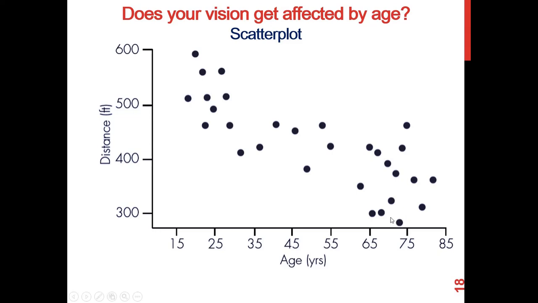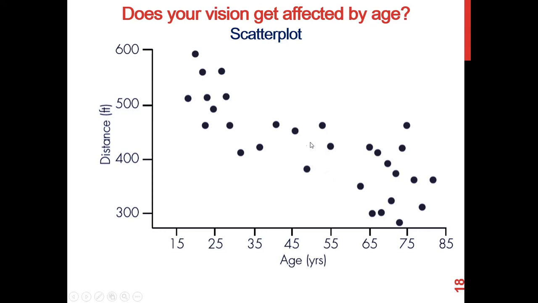Then the age of the person is around 74, maybe 73, 74, and that person could see only up to 280 feet. Okay, so every point is characterized by the age of that person and the distance up to which the person could see. So this kind of plot is known as a scatter plot. A scatter plot is generally where you represent two variables, and it is used to see the relationship between two variables.